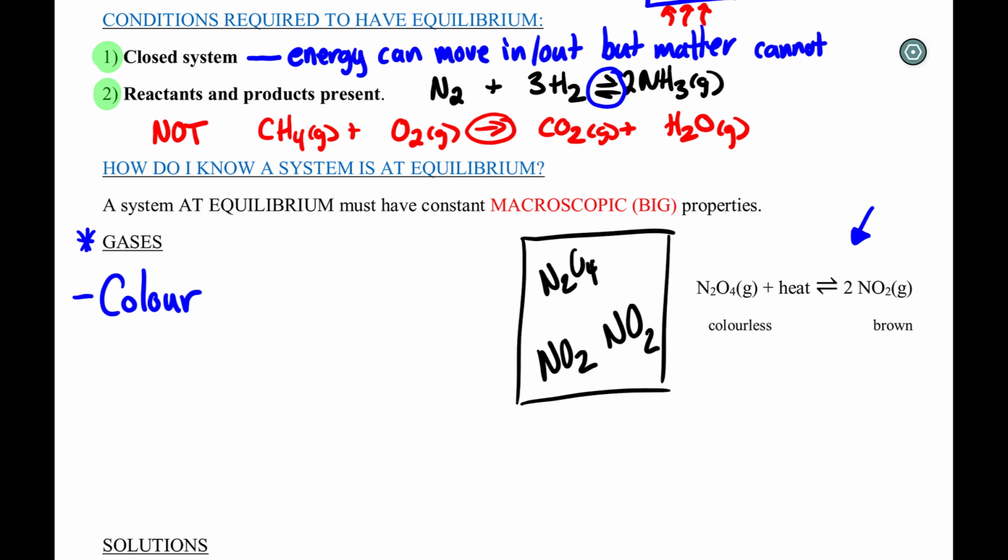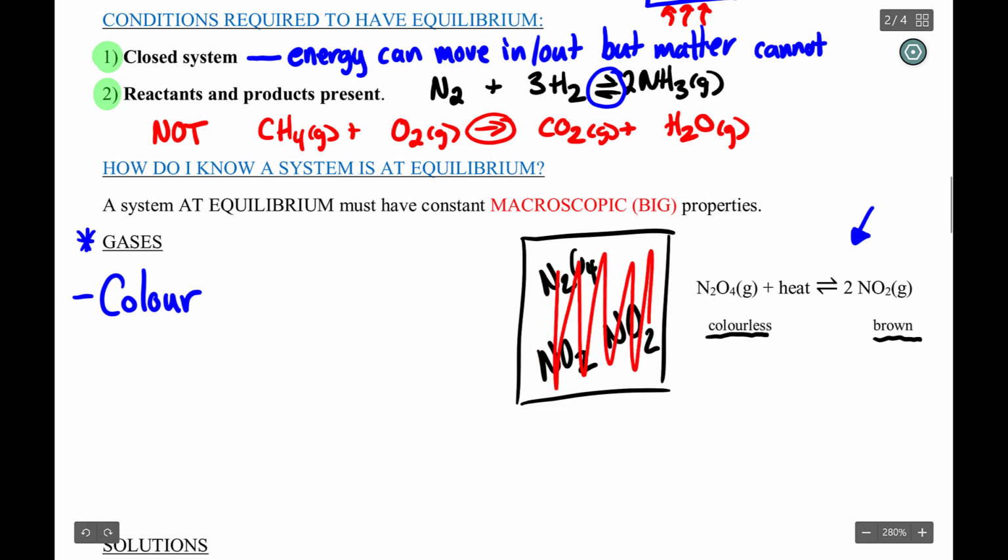Now, if this is colorless and this is brown, and if the concentration of what is brown is unchanging, and the concentration of what is colorless is not changing, then when I look in here, it's going to be some shade of brown or orange. If the amount of what is brown is constant, and what is colorless is constant, the net shading of this is going to be consistently brownish, okay?